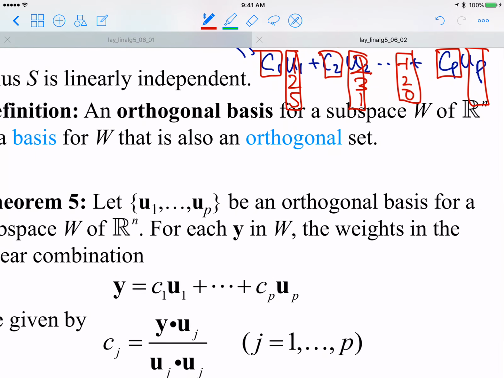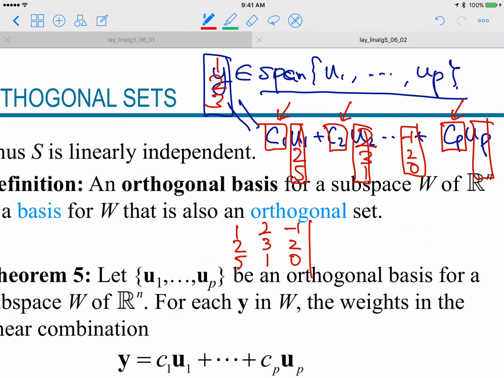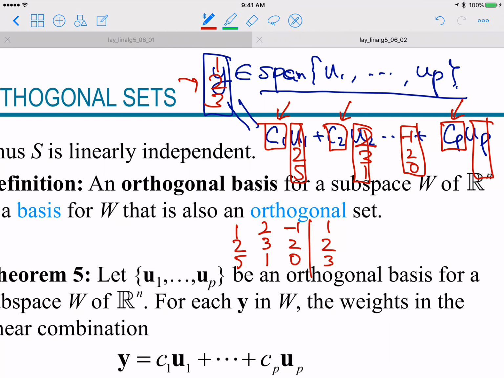What we would do is form the coefficient matrix and this given vector (1, 2, 3), and then convert it to reduced echelon form in order to obtain the solution. But if your vectors are orthogonal to each other, then c1, c2, cp can actually be obtained quite easily. This is really the beauty of orthogonal sets.